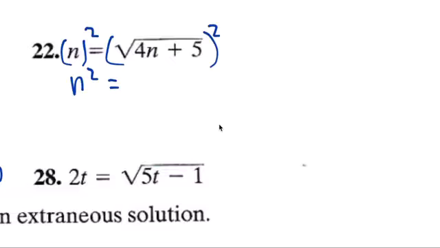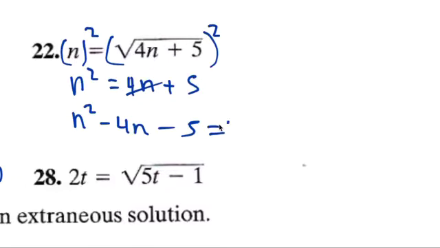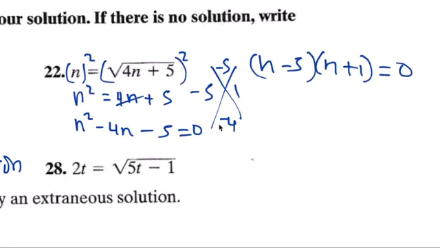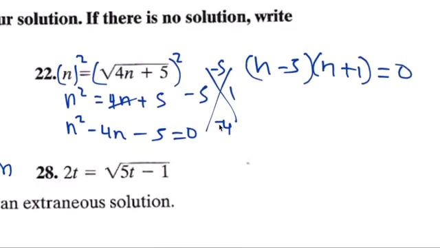n squared equals 4n plus 5. So n squared minus 4n minus 5. Factor. So it's n minus 5 and n plus 1. Okay, and then n is 5 and negative 1.